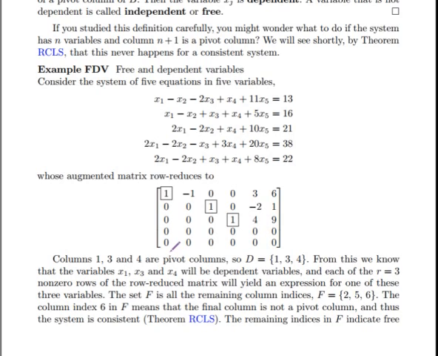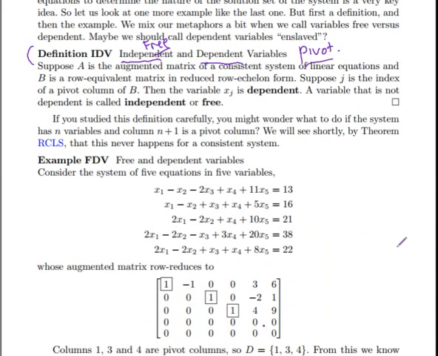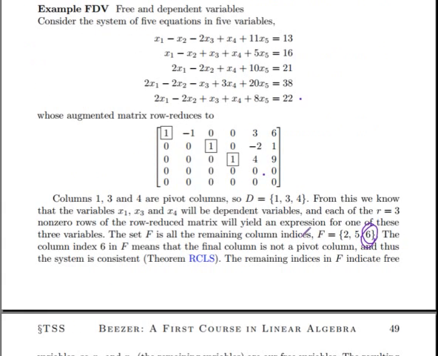Okay. So notice that F has 2, 5, and 6, but this column 6 doesn't correspond to a variable. Okay, now so this column 6 does not correspond to a variable.